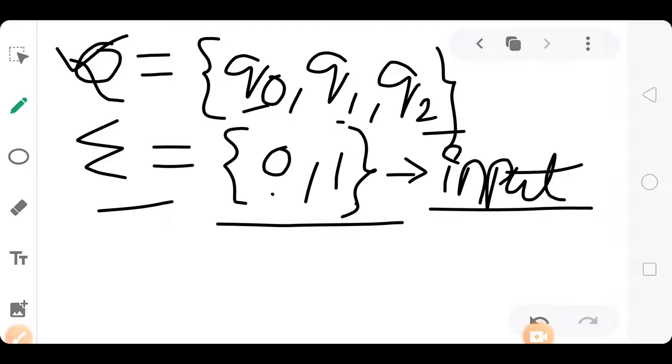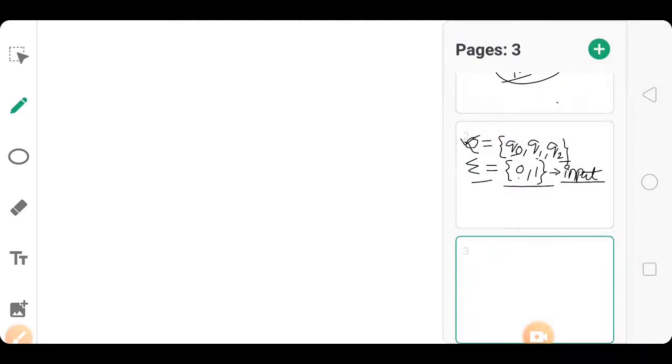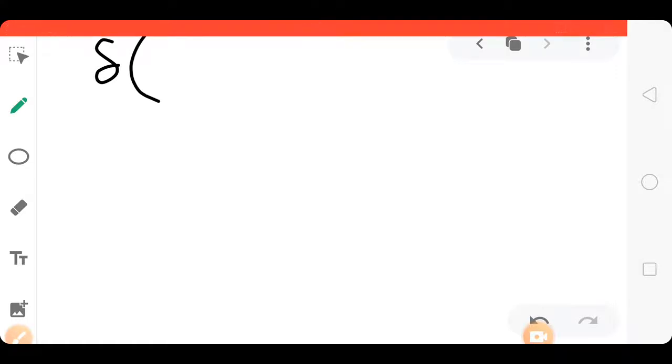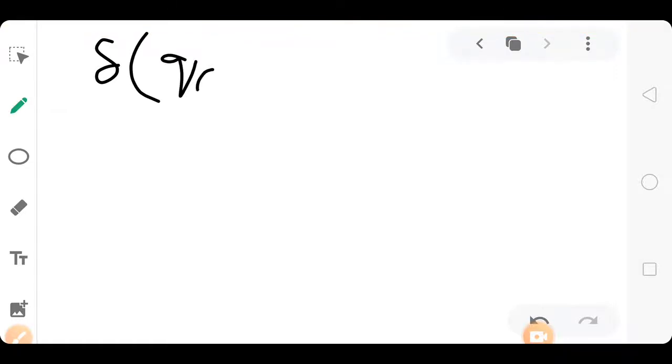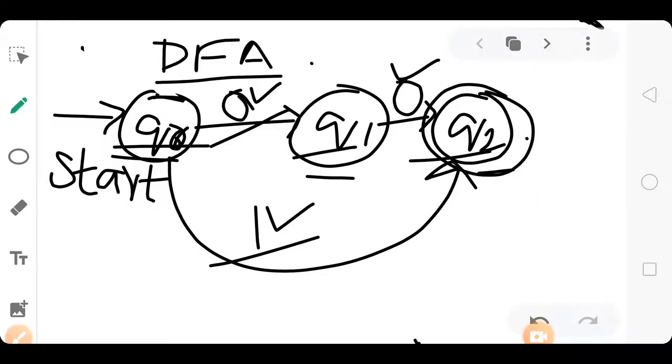So for the given DFA, we need to draw the transition table. Now you need to go for the transition, which you represent as delta. Looking at the diagram again, Q0 on 0 is moving to Q1, and Q0 on 1 is moving to Q2.